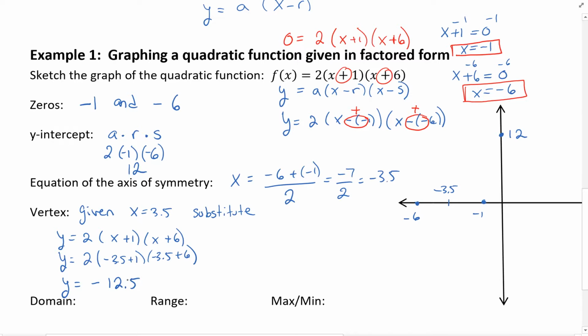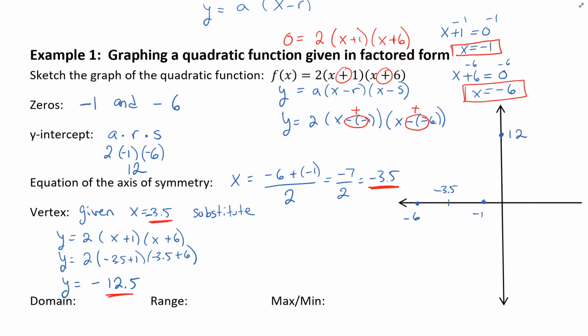So again, what did we do here? Okay, we took this negative 3.5 that we got, because we know that's the x value of our vertex, and we wanted to find the corresponding y value. So to do that, we took that same negative 3.5 and plugged that into our equation for our quadratic, and got the corresponding y value here.